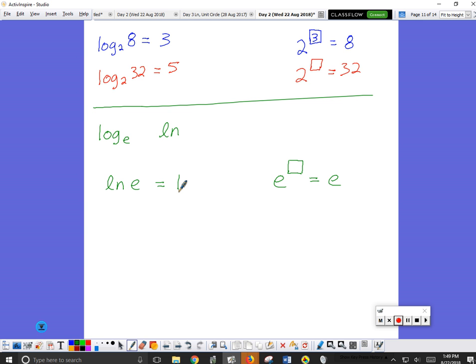Question. Cool. Let's do this one. So you're thinking, because it's natural log, it's e to some exponent has to end up being 1. Show me on your hand.